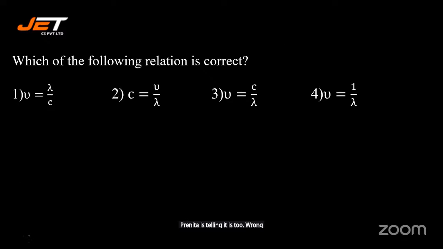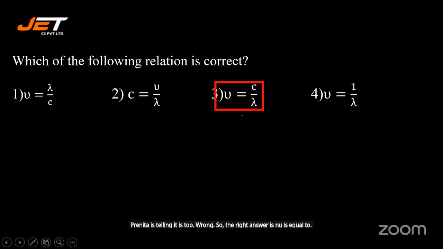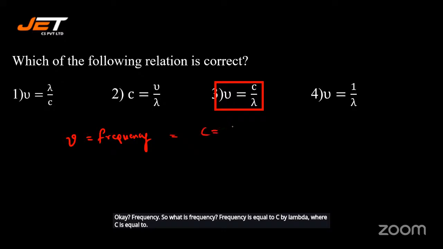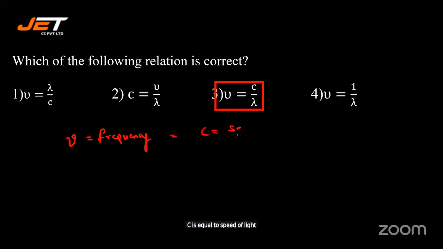Wrong. So the right answer is nu is equal to c by lambda. What is this nu? Nu represents frequency. So frequency is equal to c by lambda, where c is the speed of light in vacuum.